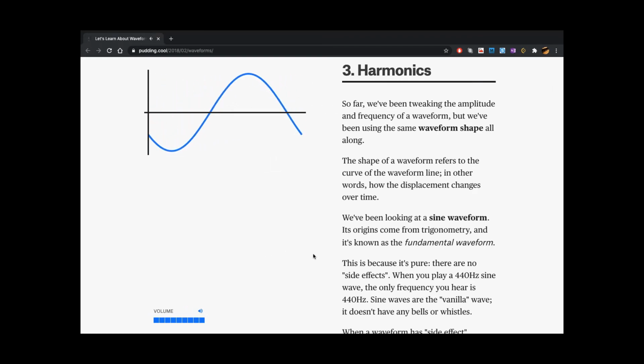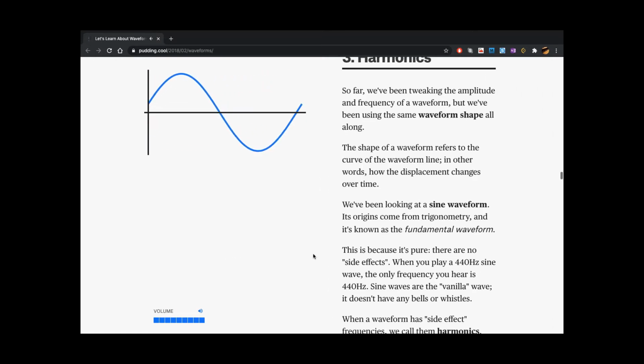Let's come to the concept of harmonics. So far we have been looking at sinusoidal waveforms, but the waveform need not be only sinusoids. It could also have multiples, other frequencies, not only a single frequency, but multiple frequencies could be present.